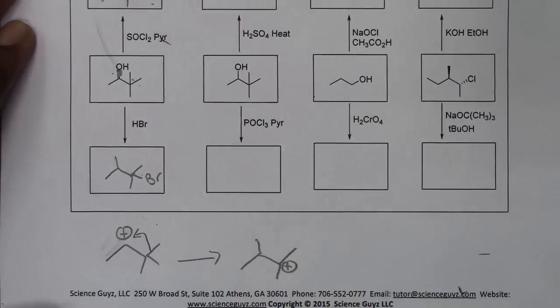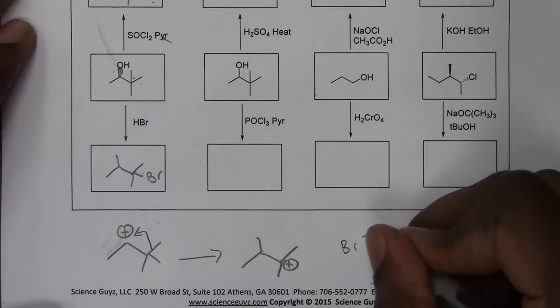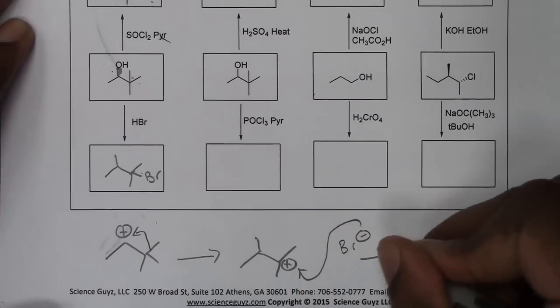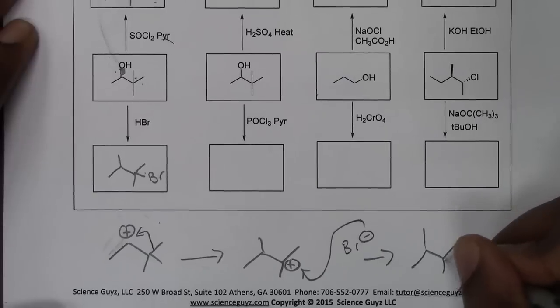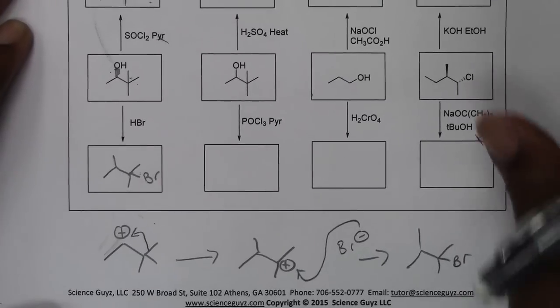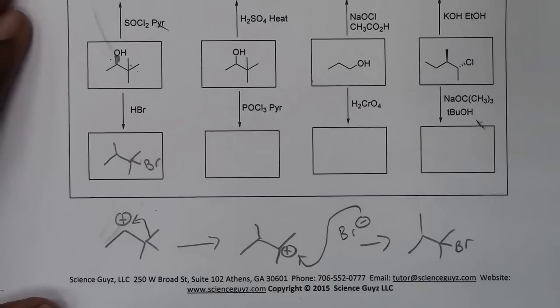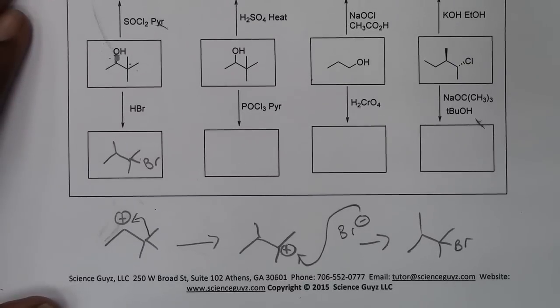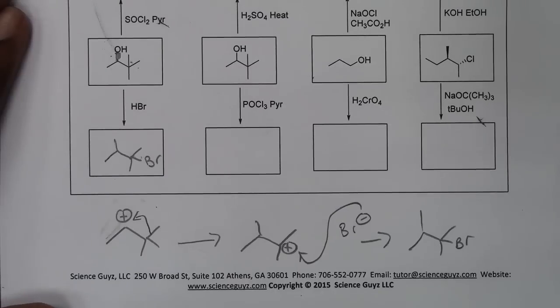And now your cation is here. Br minus then comes back and attacks the cation, and that's what takes us to this product. So you do that because it's an SN1? Exactly. Okay.